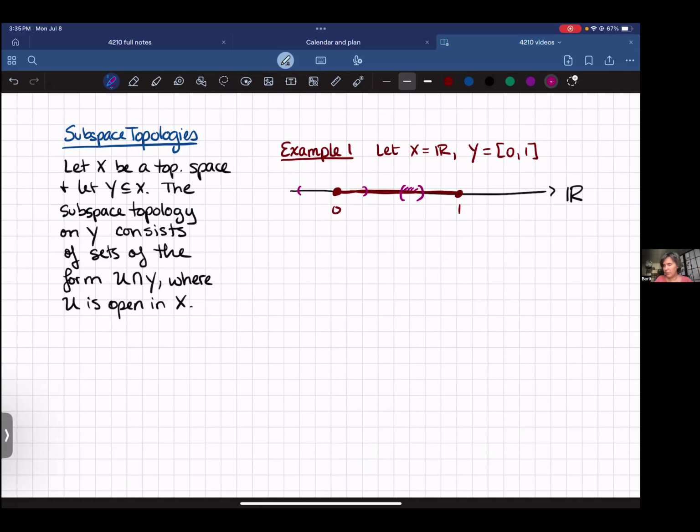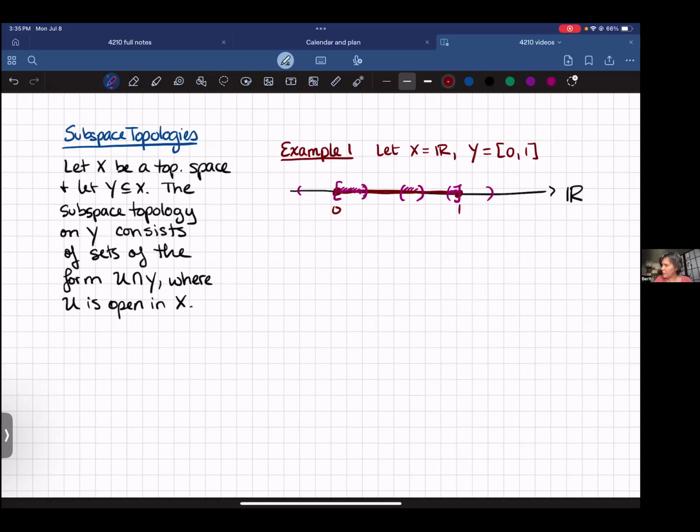And I could do that either at the bottom end of Y or at the top end of Y. So what do I get when I do that? When I intersect an open interval like this with Y, what I get is the part from 0 to the top end like that, and it includes 0. Or at the other end, I'd get something that goes from some number up to 1, including 1.